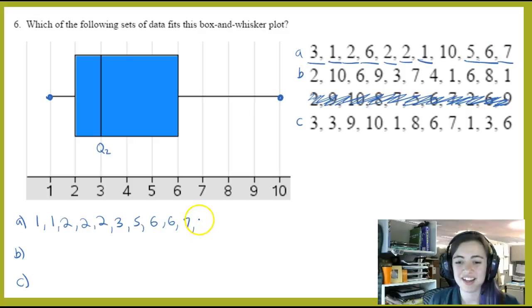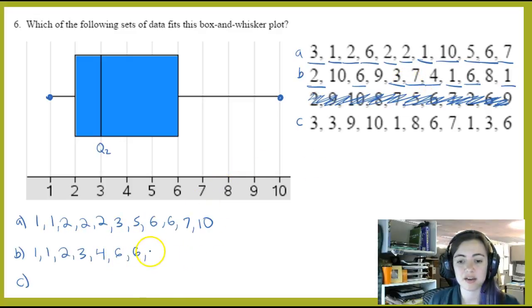7 and 10. So for the next one, again arranging from least to greatest, I see two 1s, then a 2, and a 3, 4, 6, 6, 7, 8, 9, and 10.